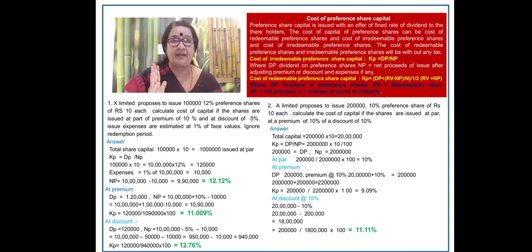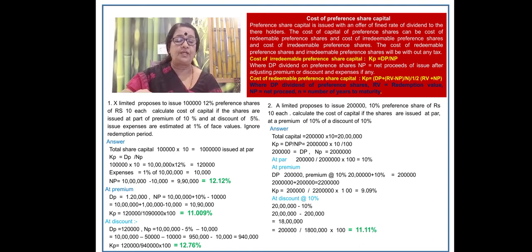It is specified, so these are redeemable preference shares. If it is given only as 10% preference share capital of rupees 100 each, and the redemption period is not specified, then it is irredeemable preference shares. So for the computation of cost of capital, redeemable and irredeemable preference shares are categorized.